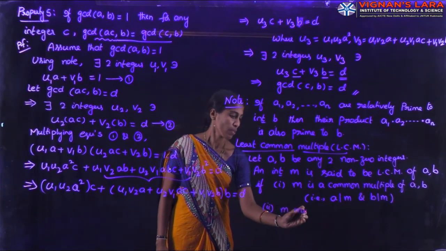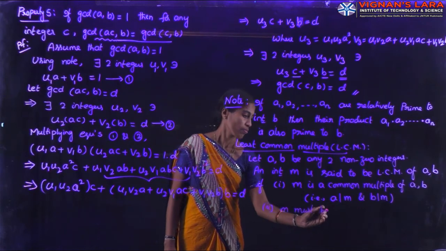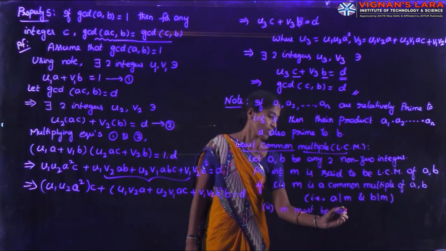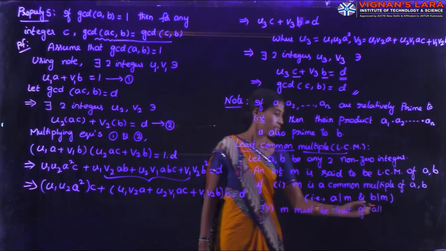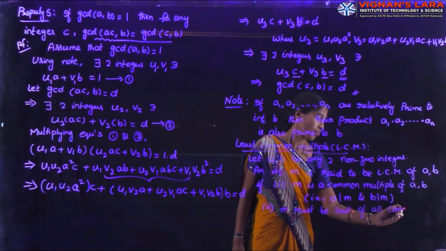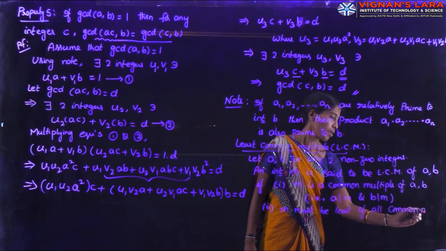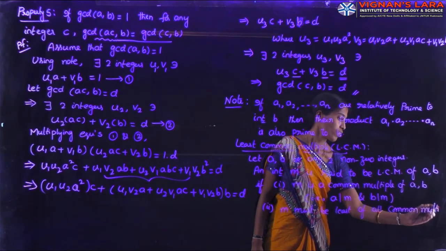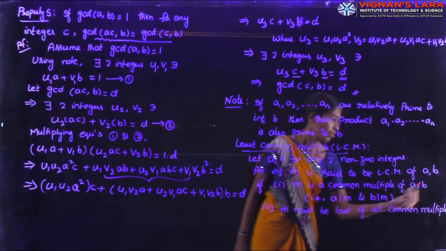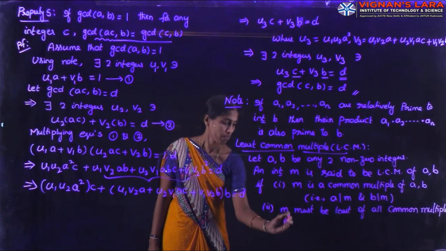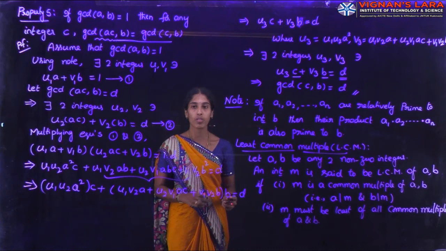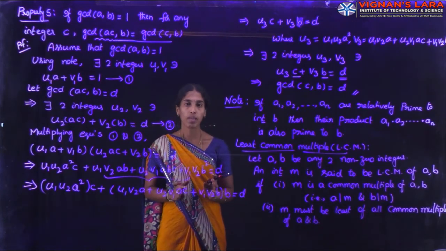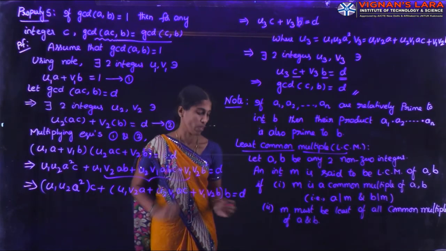Second condition is m must be least of all common multiples of a and b. What is the meaning of this one? Among all common multiples, m must be the least one.